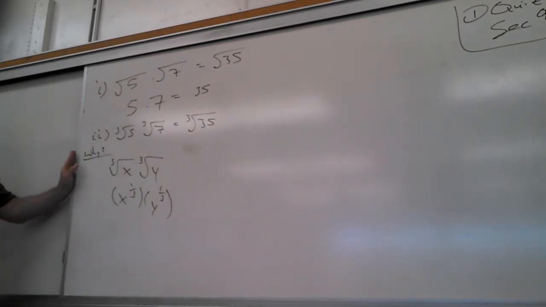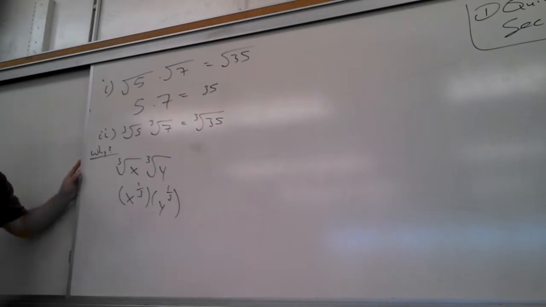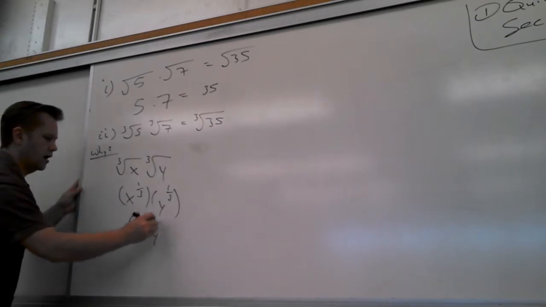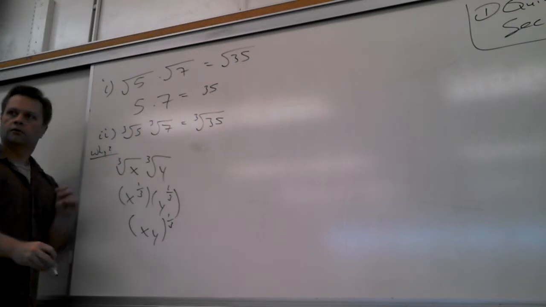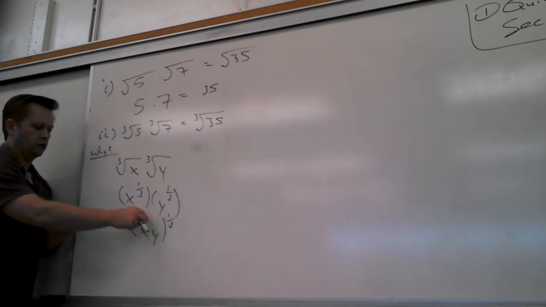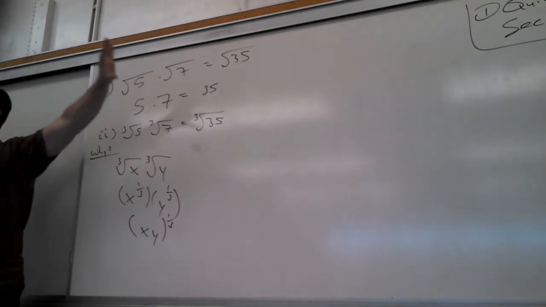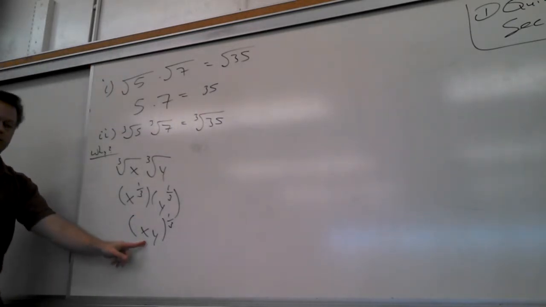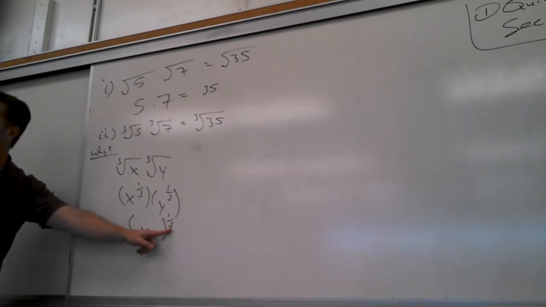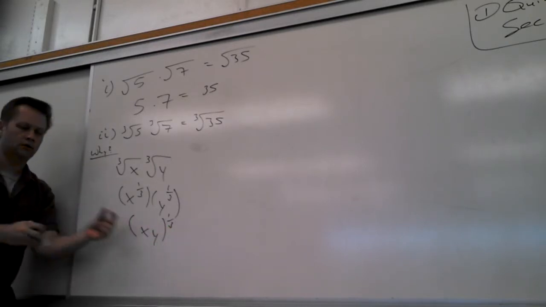Now watch this. You ready? I can rewrite this as xy to the 1/3. Because wouldn't that 1/3 power distribute to both anyway? So I'm kind of undistributing. I'm sort of factoring that power out. And how do I write this as a radical? It is the third root of xy.